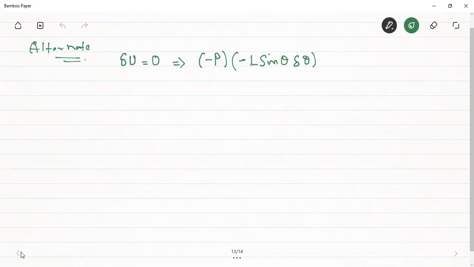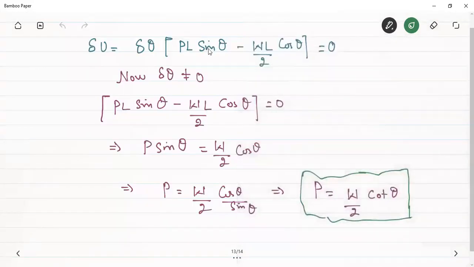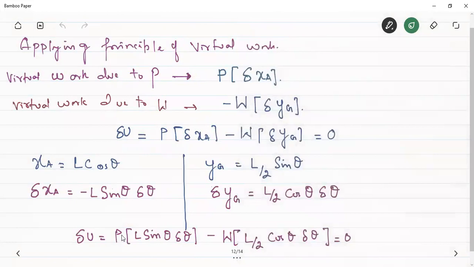Okay, so the difference here is that when I was writing this equation, I had already taken care of the algebraic sum of the work.